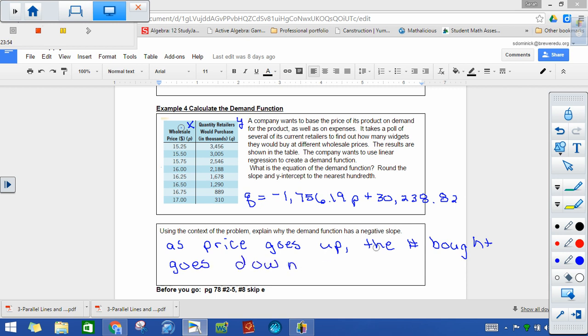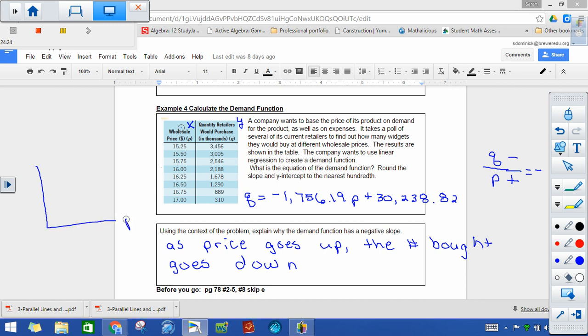Right? We said, just as an aside, it would be quantity over price. So what this is saying, as price increases, the quantity will decrease. If you have two numbers being divided and they're different signs, your final answer will be a negative. If you're a picture person, if you like graphs, here's a graph. I'm going to do it over here so I have room.